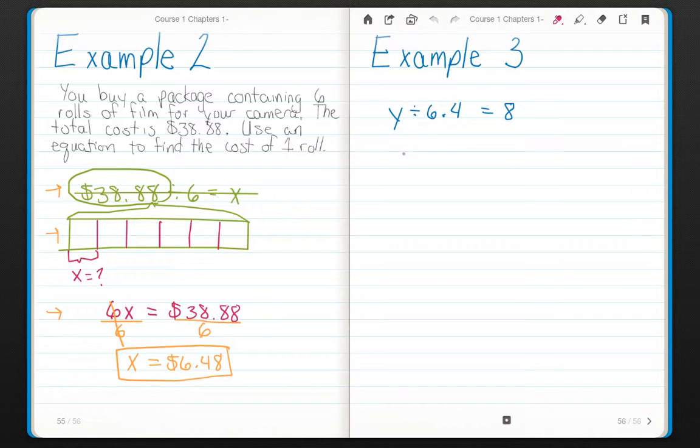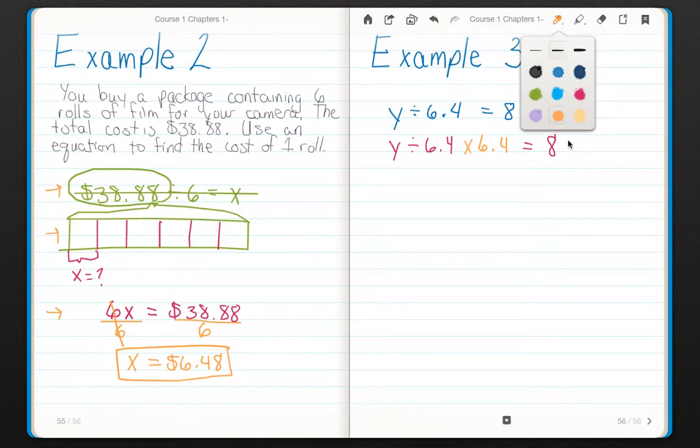So I'm going to multiply both sides: y divided by 6.4, and now I'm going to multiply by 6.4, equals 8 times 6.4. So I took y, some whole number, I divided it into 6.4 groups, and now I'm going to multiply it back to get to my original y.